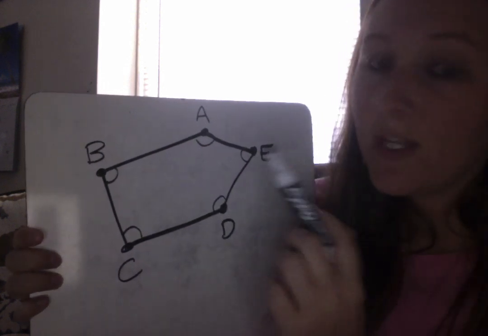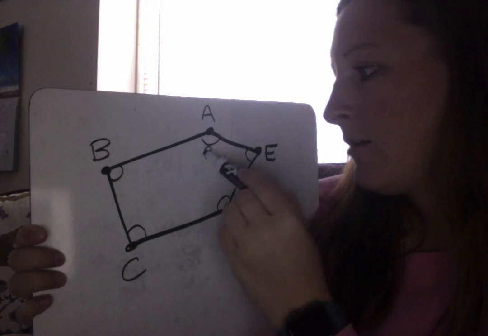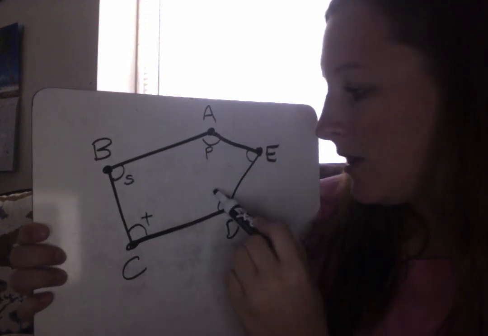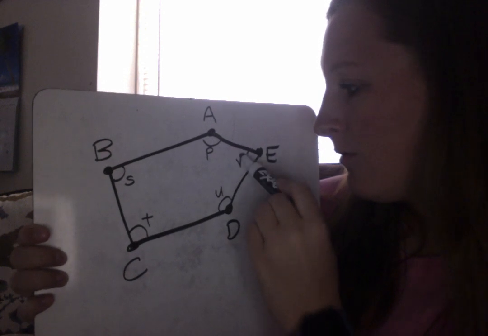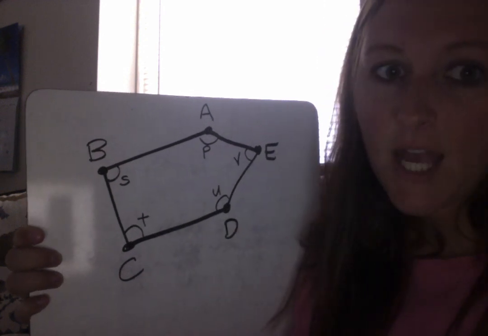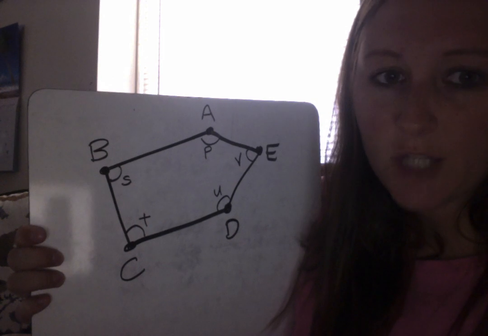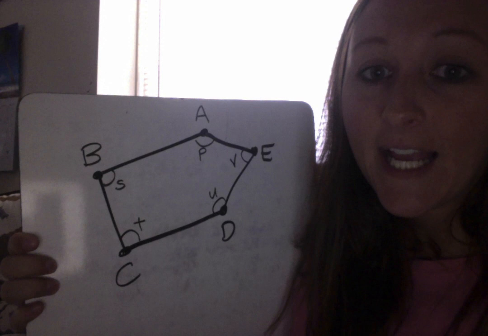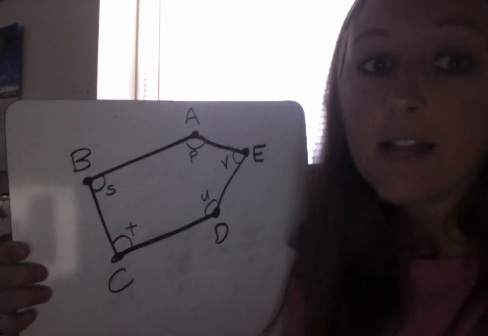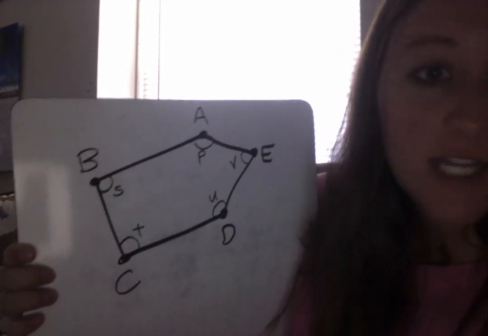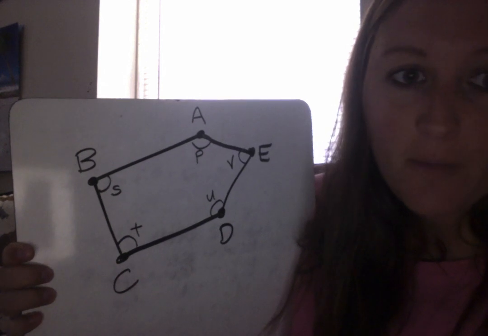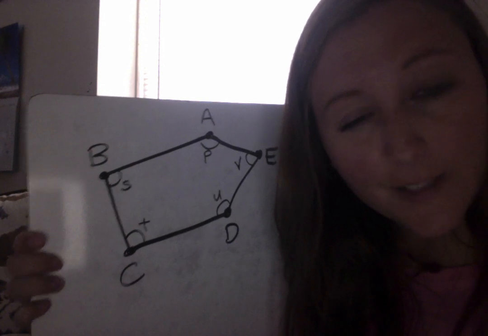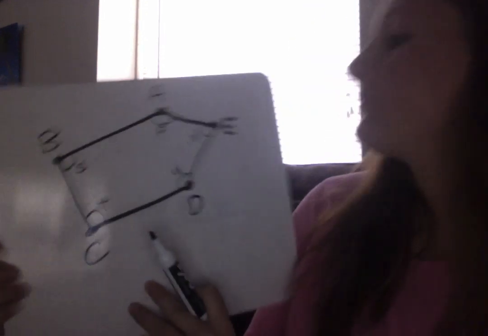So it might do this: P, S, T, U, V. And then you're like, oh my gosh, Miss Craw, that is so many letters, and I didn't know that little letters could be inside the shape and big letters outside the shape, and then you start to freak out. But I'm going to say, don't freak out. It's not that scary. They're just little letters. Here's how you do it.